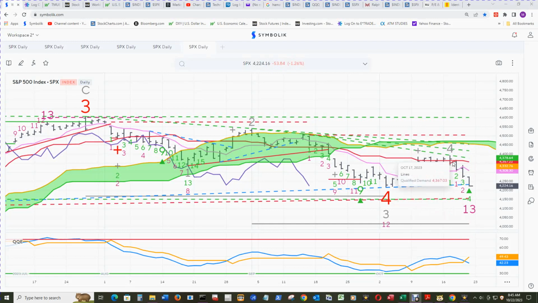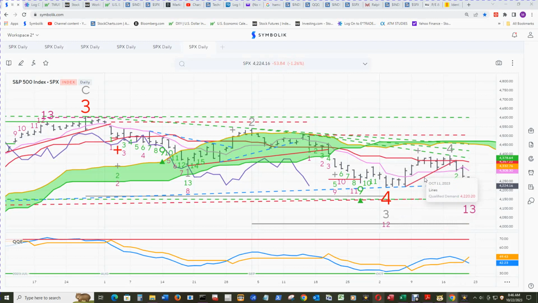And interestingly enough, and I should research this more because it could become very important, this qualified demand line was not confirmed. So the qualified demand projection was not printed. So if price can turn around and exceed this, I'll have to look into it, but I believe that this could become canceled.